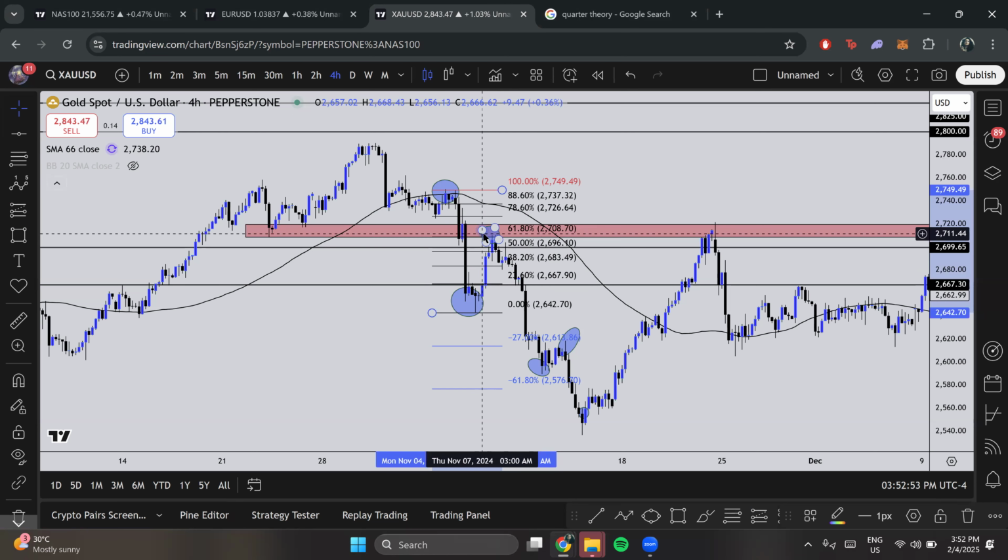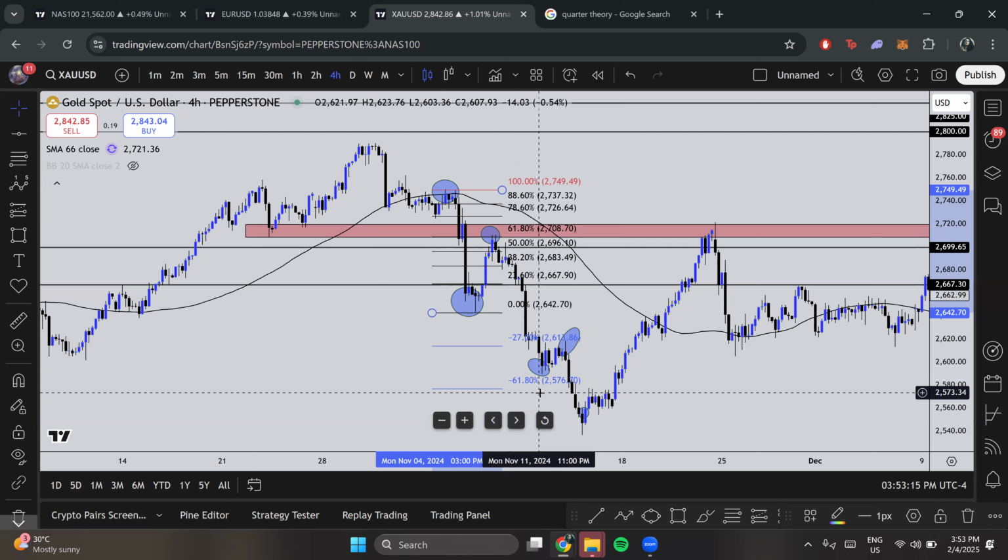So from 50, 61, go up. So you want to try to get entries, but do not say you're only going to enter the 78 or the 88 or the 61, because the market structure is more important than the fibs. Keep that in mind. So this is another example of the fib, and you can see that extension prices were hit, TP1, 2, 3. So yeah, that's basically how to use Fibonacci.